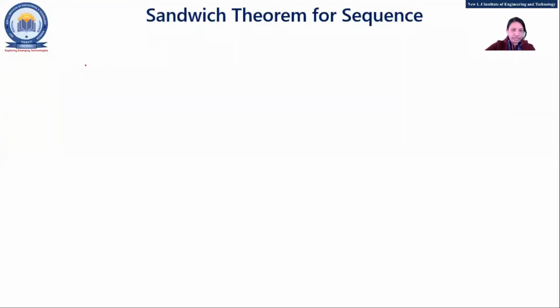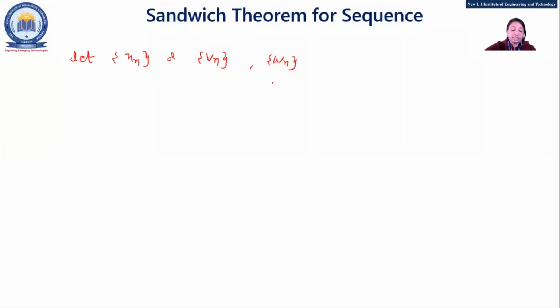So, sandwich theorem. First one is sandwich, right? So, obviously, something is supposed to be in between. Okay. So, we'll be having two sequences, that is Un and Vn, and another also, that is Wn.